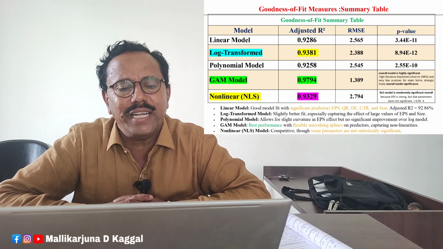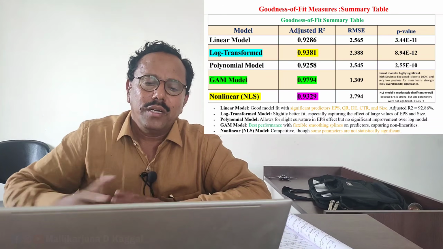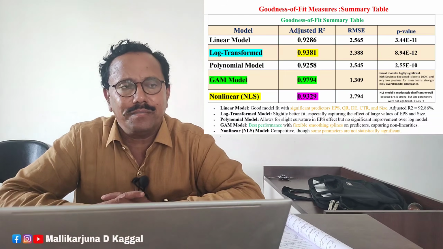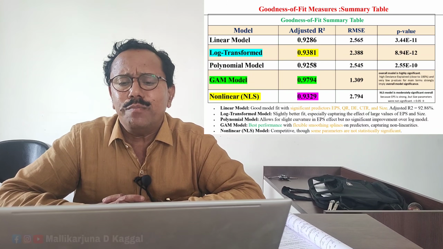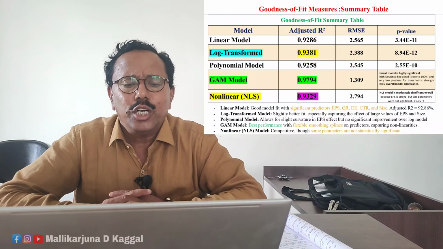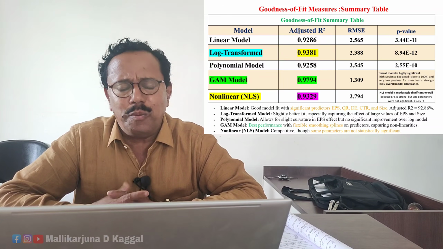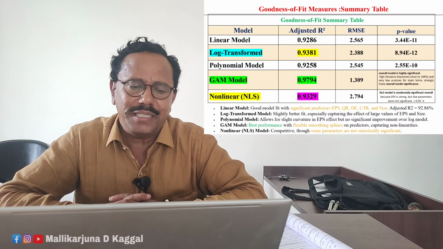Again, one more parameter we can also take is information criteria like AIC and BIC. That is also another parameter to determine whether your model is a good fit or not. Despite having that data, we have not taken it here for presentation.